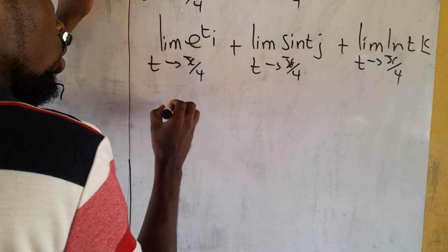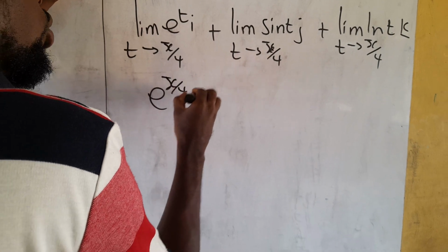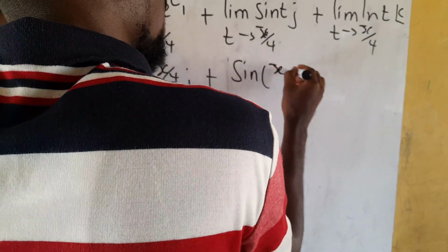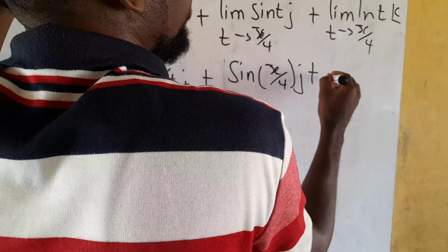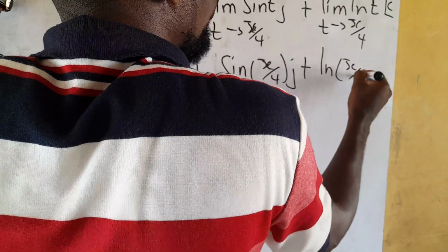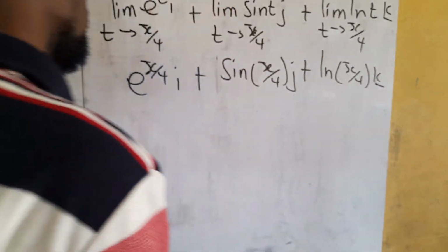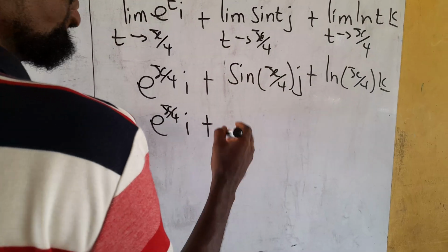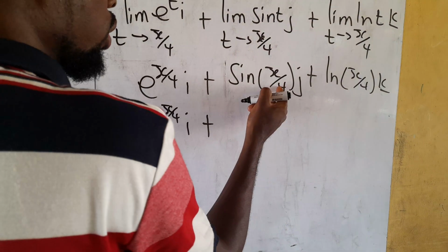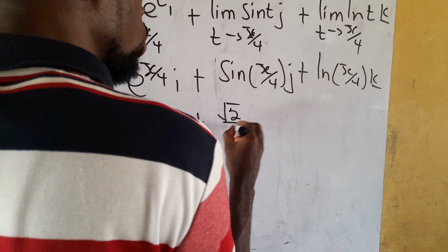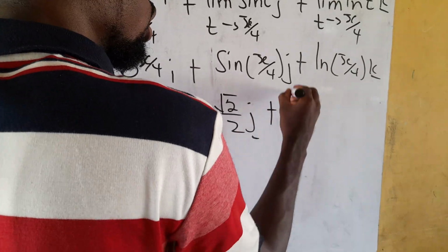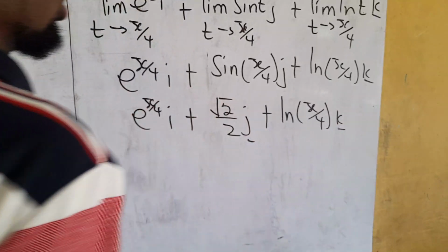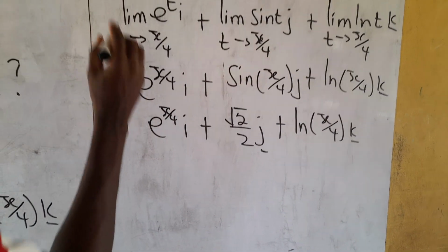Again we substitute: e^(pi/4) i plus sine pi over 4 j, then plus ln pi over 4 in the direction of k. That will be equal to e^(pi/4) i plus, in radians, sine 45, which is root 2 over 2 in the direction of j, then plus ln pi over 4 in the direction of k.